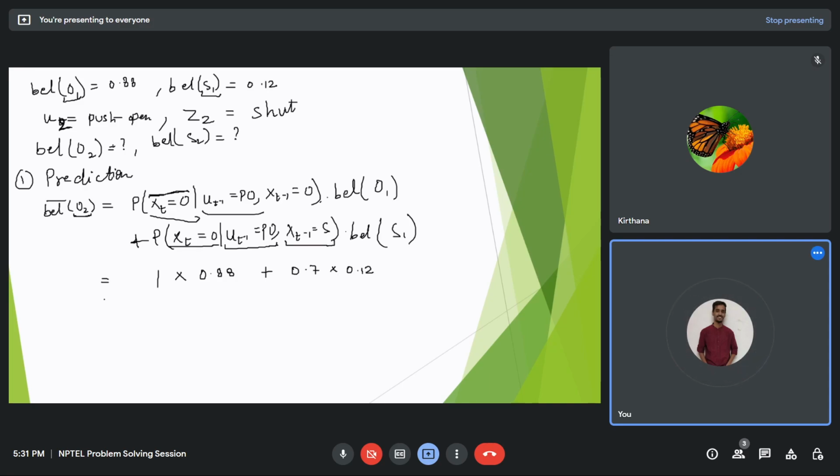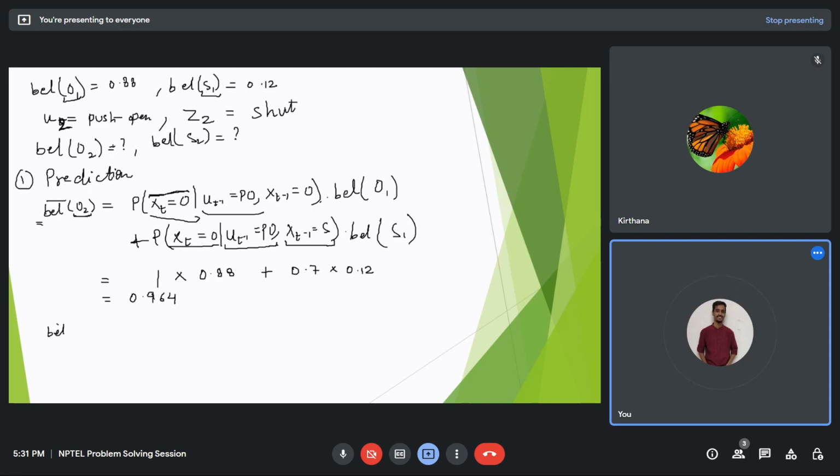So what do we get here? 0.7. So there is a very high chance that if you have pushed, the door will be open.